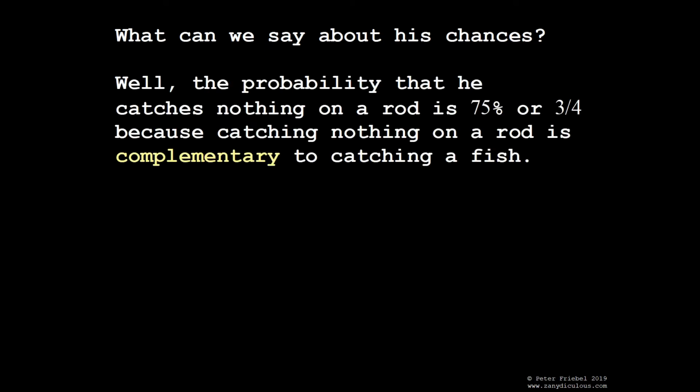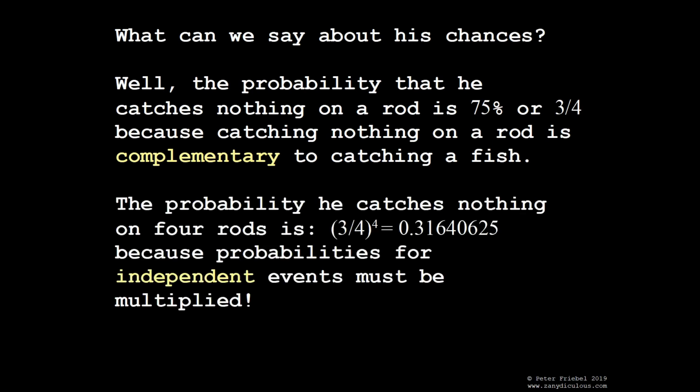Well, the probability that he catches nothing on the rod is 75%, because catching nothing on the rod is complementary to catching a fish. The probability he catches nothing on 4 rods is 3/4 to the power of 4, is 0.31640625. Because probabilities for independent events must be multiplied.